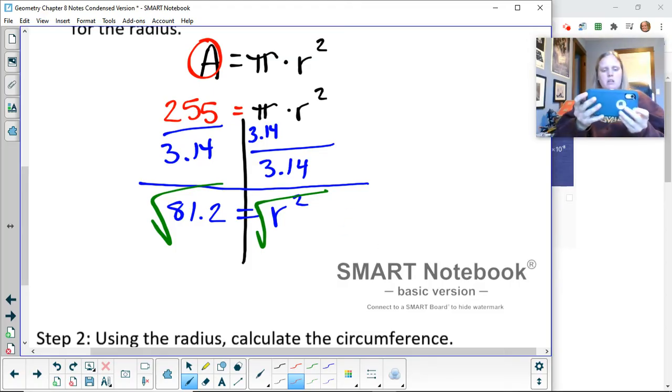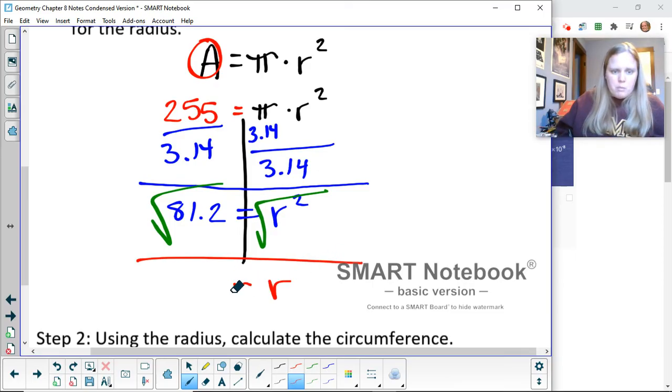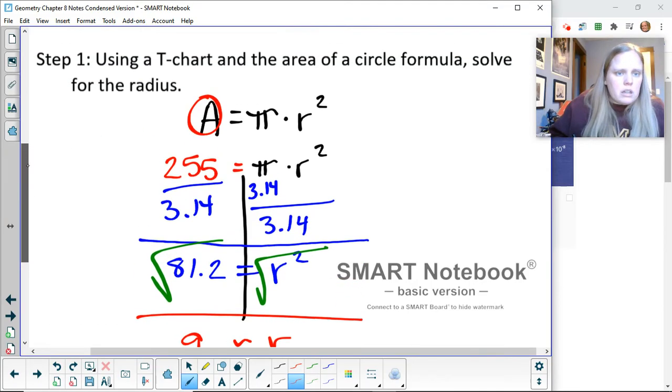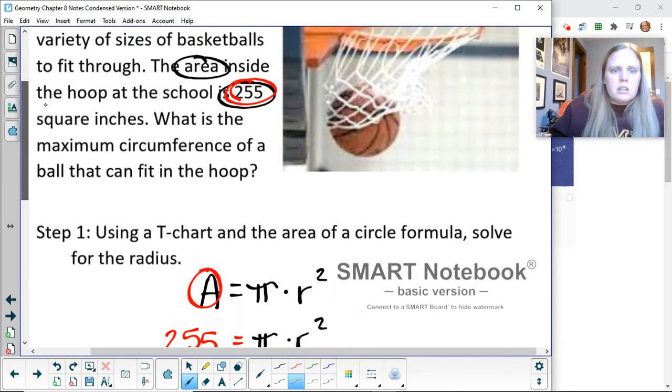I got to take my calculator and turn it to the side, find my square root button, and my radius comes out to be approximately, now I'm rounding this, 9.011. I'll just say 9. That's close enough. All right, now let me look back at the label here.